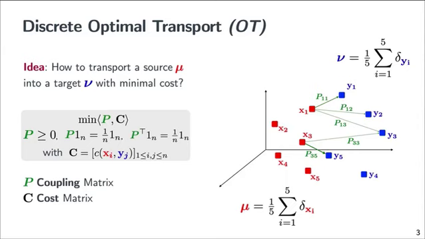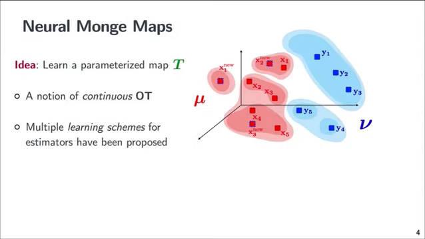Now, if an optimal transport map between a source and a target distribution exists, this is known as a Monge map. Recently, neural Monge maps have gained a lot of attention. Here, the idea is to learn a parameterized map that approximates this optimal transport map between two distributions.